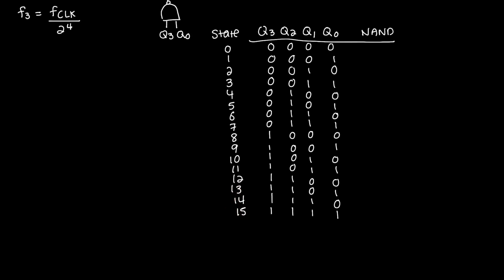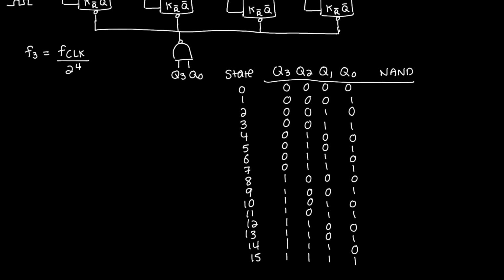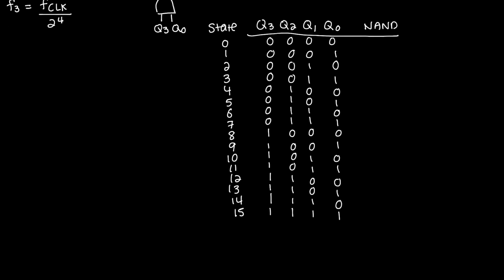And as you can see, looking at this NAND gate over here, the inputs are Q3 and Q0, and I know from the properties of a NAND gate that the output is going to be high, unless and only if Q3 and Q0 are both high, then it'll be low.